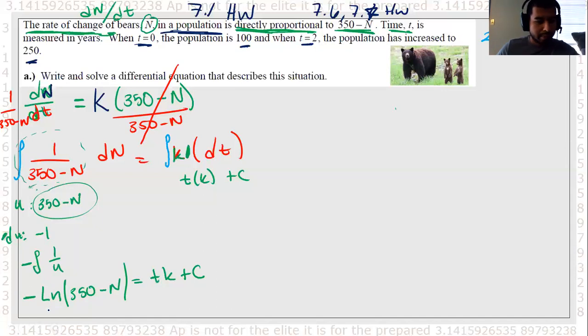I like having everything as nice as I can, so I'm going to divide everything by a negative to make this nicer. So it's going to be ln of 350 minus n equals negative tk plus c. Now this c, guys, I don't know what the number is.